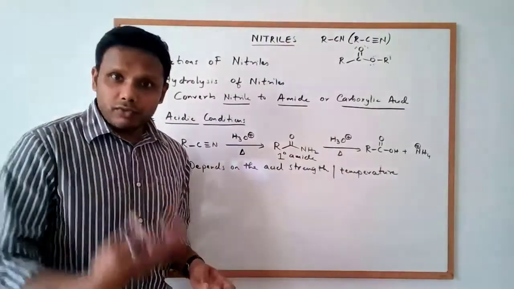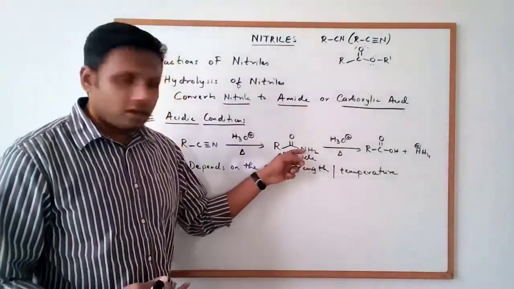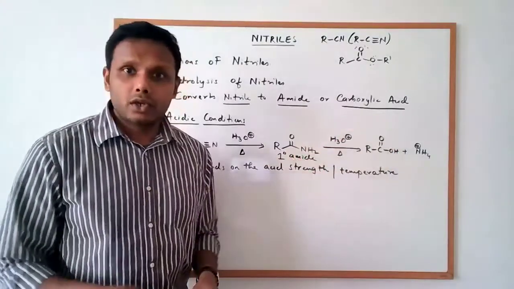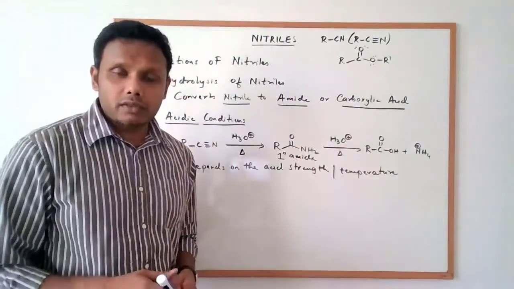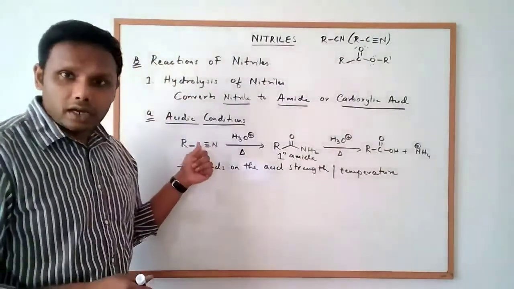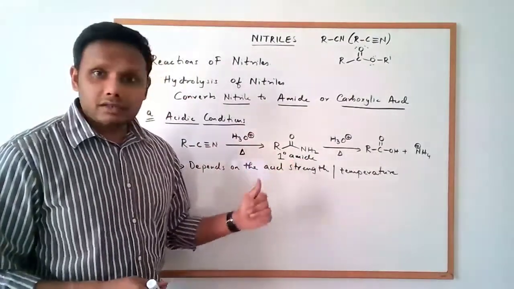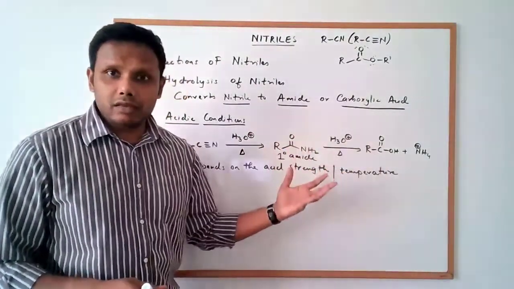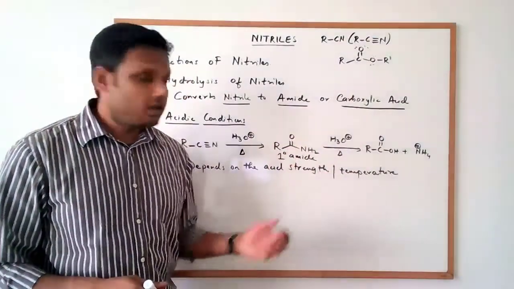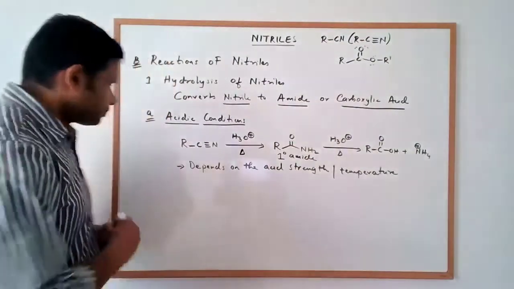But if you're using forcing conditions, strong acid, high temperatures, then the amide is further hydrolyzed to the carboxylic acid under these conditions. Let's look at the mechanism for the hydrolysis of the nitrile into the amide. The mechanism for an amide hydrolysis to the carboxylic acid is the same as we've previously seen for the hydrolysis of an amide under acidic conditions.